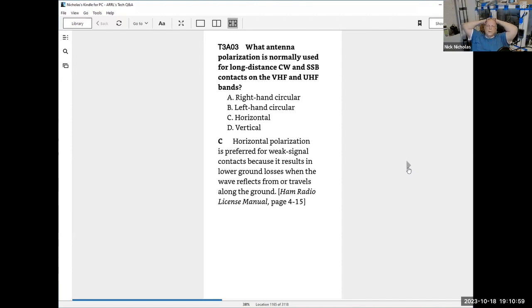If you want to communicate station to station over a longer distance, horizontal antennas are the way to go as a rule. Vertical antennas, though, work much better. And the reason for that is because horizontal antennas can propagate the signals at angles that permit longer distance travel.